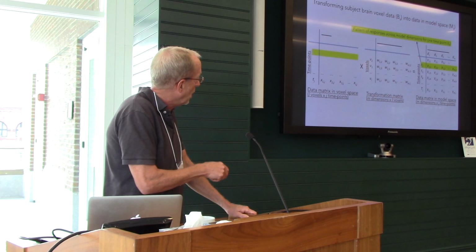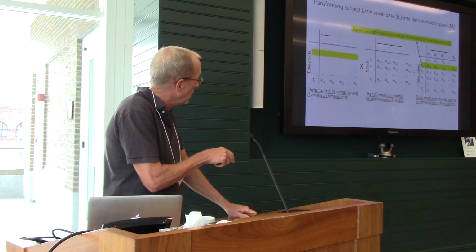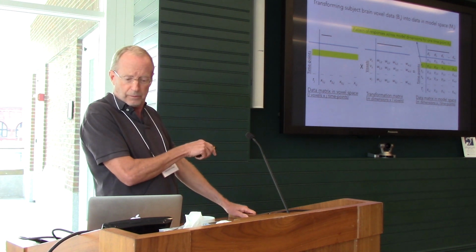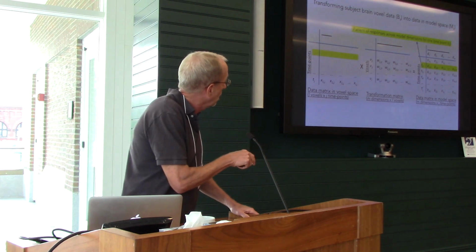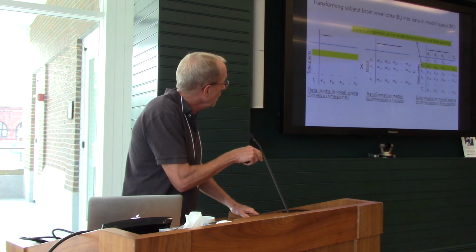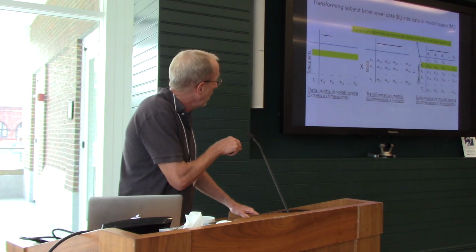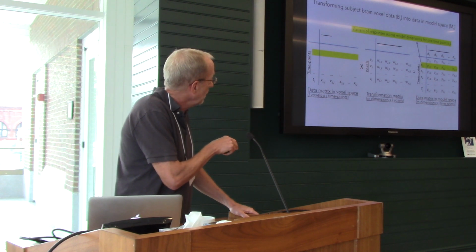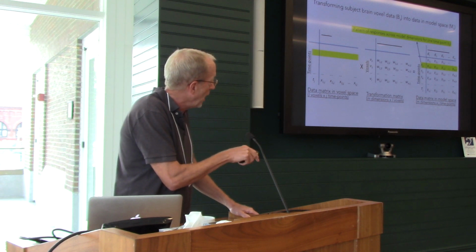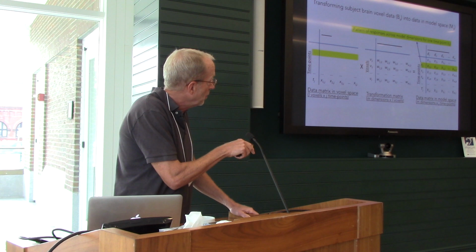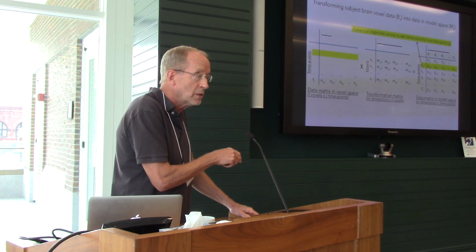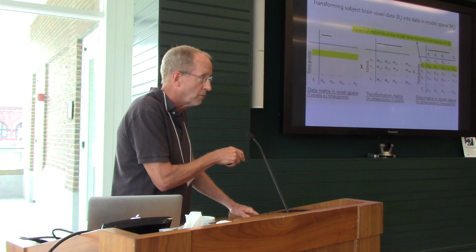And after multiplication with the transformation matrix, I've got to figure out why this doesn't work. That pattern for that response in that subject's brain space is now a pattern of responses in the common model space, where now the coordinate axes are the model dimensions, not the individual subject voxels.